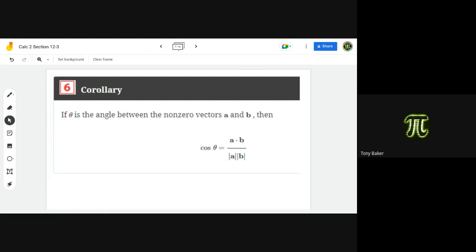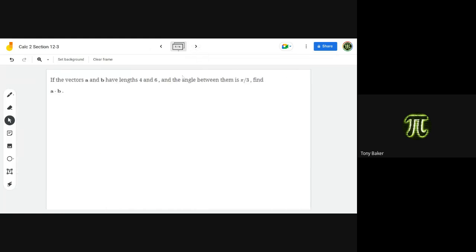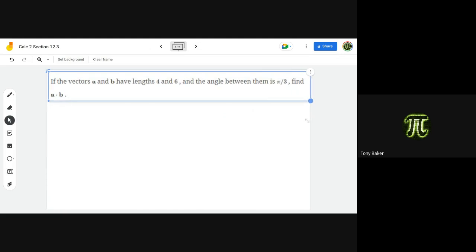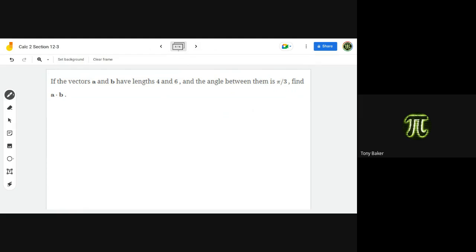All right, so let's use it. If I have two vectors that have a length of 4 and 6, and the angle between them is pi over 3, we're looking for the dot product.